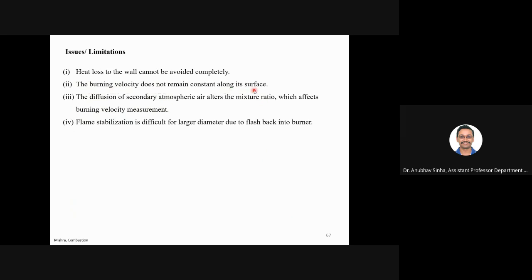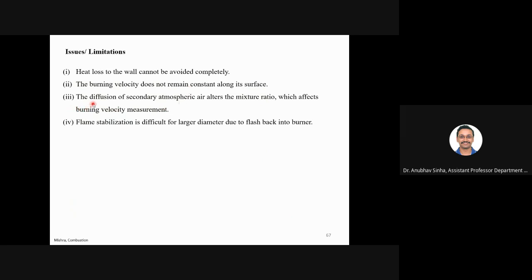Generally, when we take all the ideal assumptions, we assume that the burning velocity remains constant, but that might not be the case. Let us agree for now. I will show you a numerical where I will look in more depth into what is happening exactly.